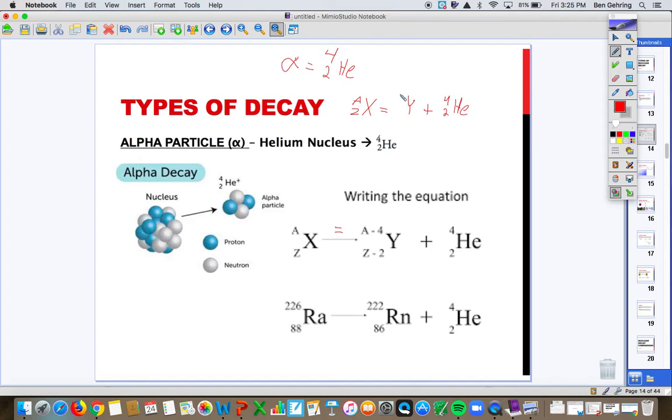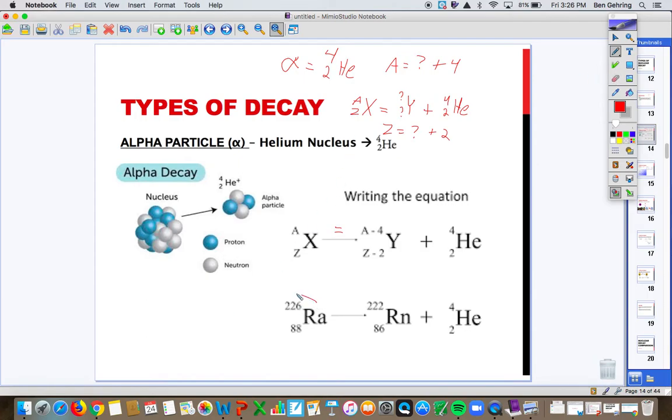And so we can put letters here. I can just put question marks here, or X's, that's all okay. So in this case, I know that A equals my question mark plus 4. I know that Z equals the question mark, I should put an X, plus 2.